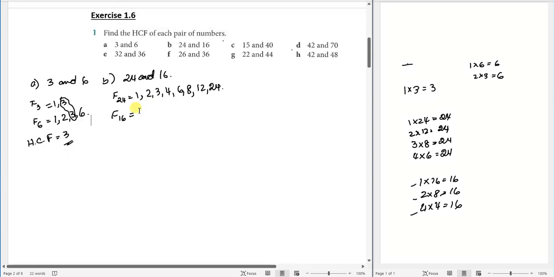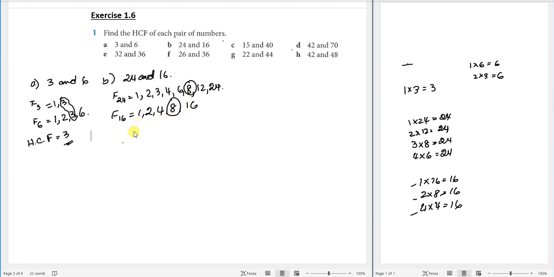Sorry for the technical glitch. So the highest common factor is 8 again. 8 is the highest common factor for 24 and 16. So we can write HCF is equal to 8.